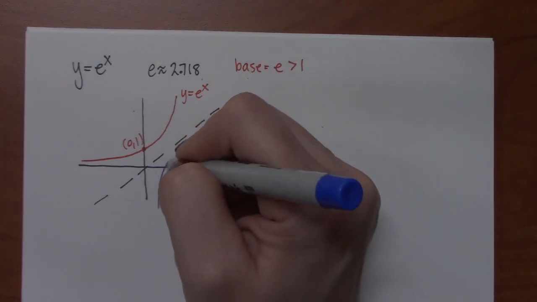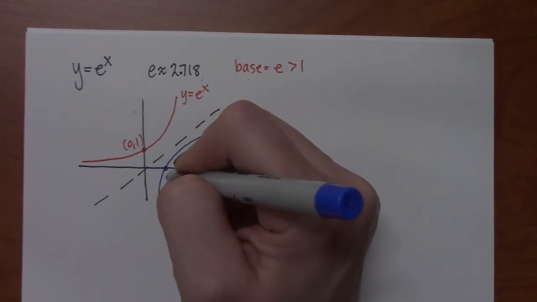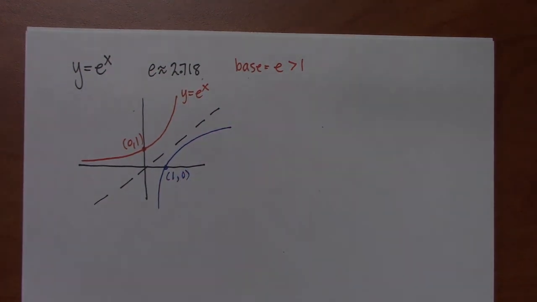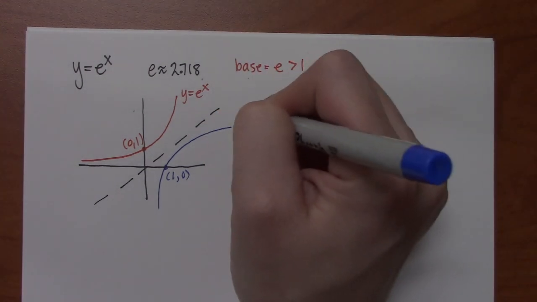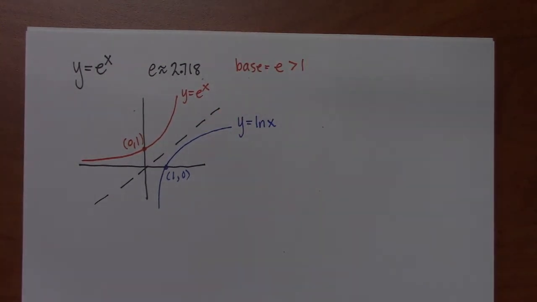So the inverse of this function is going to look like this, and instead of crossing the y-axis at 0, 1, it's going to cross the x-axis at 1, 0. And the equation for the inverse of e to the x is natural log of x.